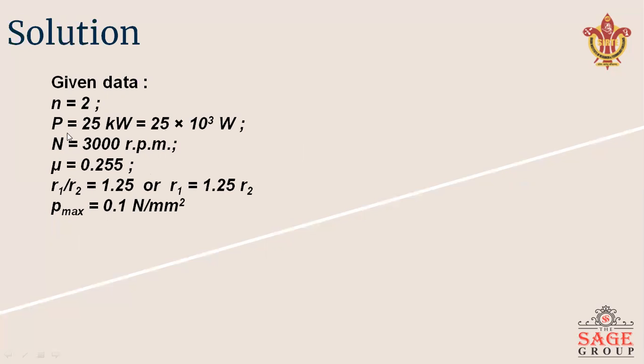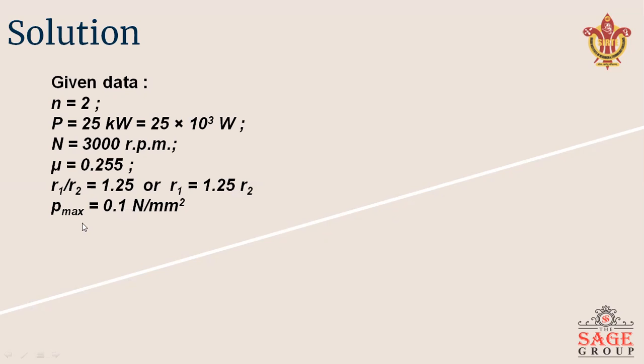Here we have already discussed P equals this, and mu, that is coefficient of friction, 0.255, and the ratio of radii, r1 divided by r2, equals 1.25. So r1 equals 1.25 of r2.